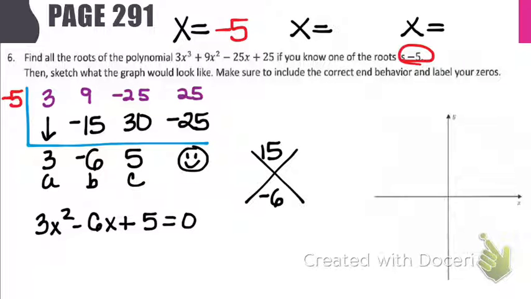So if they're both positive, 5 and 3, then that would add to be 8. So that's not going to work. So are there any numbers? Let me save you some stress. There is not. So let's do the quadratic formula again.